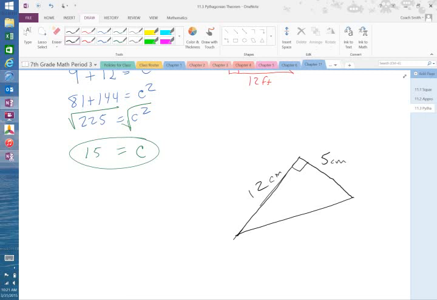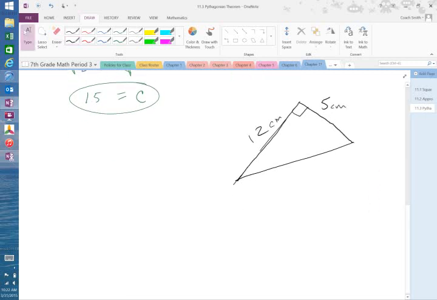Okay, who has an answer? Noah? 13 centimeters. That is correct. So we take A squared plus B squared equals C squared. Just look straight across from the 90 degrees, and that lets you know which side we're trying to find.